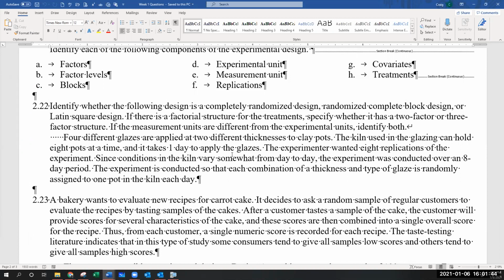I'm sorry, repeat that question again. For the last part of that question, when it says if the measurement units are different from the experimental unit, then identify both. What would be an example if they were different? Okay, so if the measurement units are different from the experimental units, identify both. Well, in fact in 2.16 you could argue that the measurement units and the experimental units are actually the same, right?